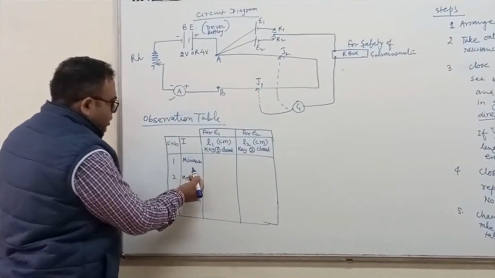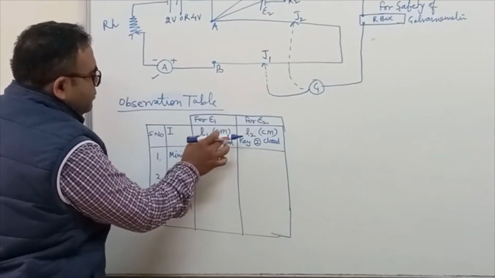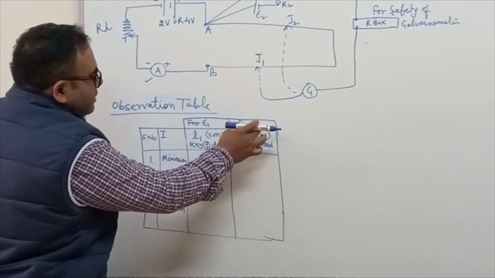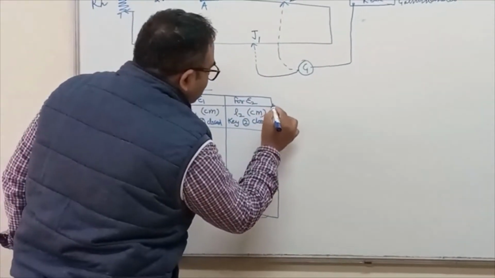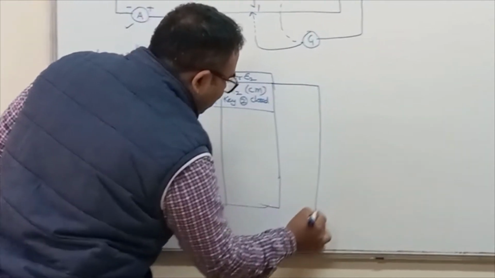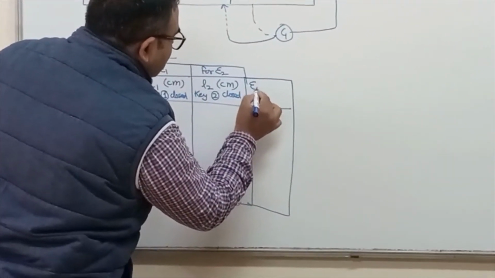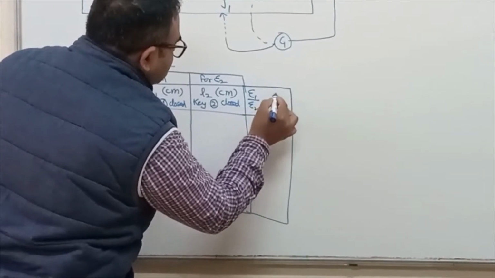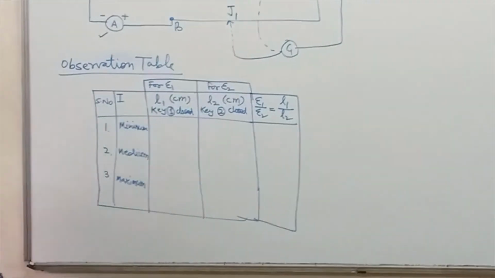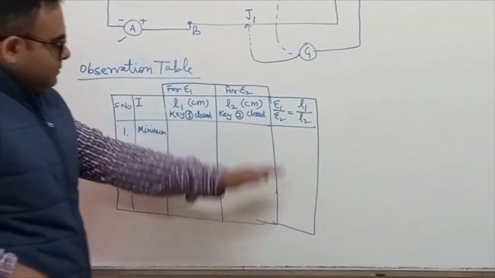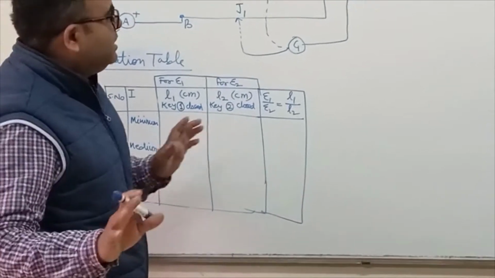So at the minimum, for E1 we will note down L1 and then finally we will note down L2, and then from each reading we will find the ratio, that is E1 upon E2 equal to L1 upon L2. That is what we have to find ultimately, and then we will find the average of all these, and that will be our final reading.